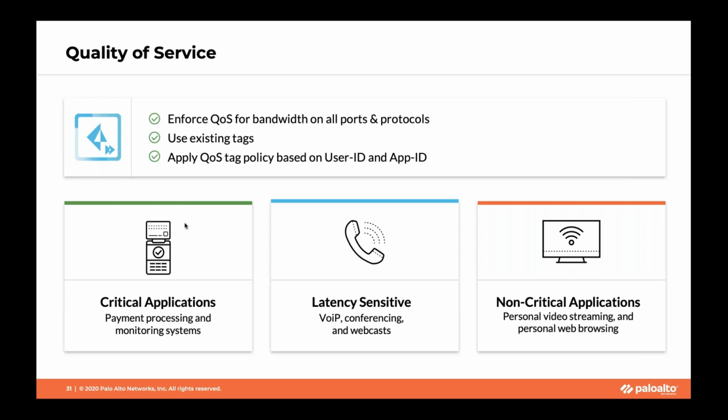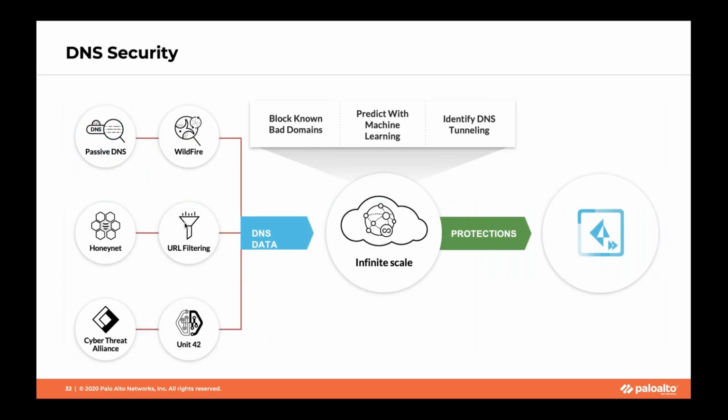Quality of service based on App-ID is really very useful. DNS security is included, like Tom confirmed, also in Prisma Access. We know that from the hardware firewalls and from the VM-Series as a paid subscription.